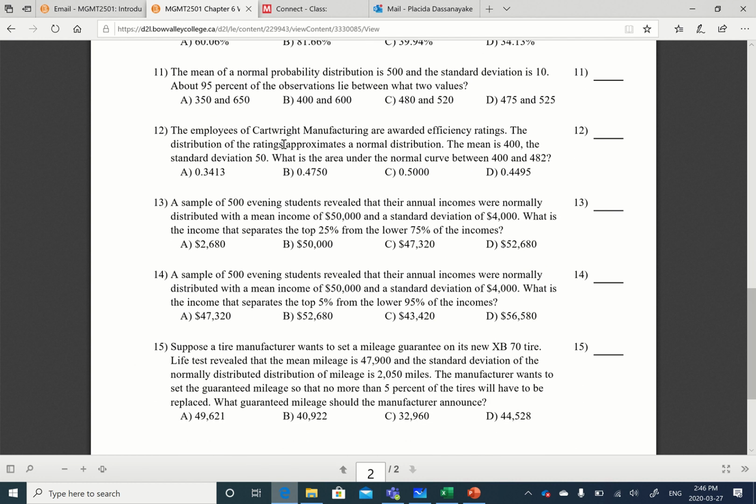Okay, number 12. The employees of Cartwright Manufacturing are awarded efficiency ratings. The distribution of the ratings approximates a normal distribution. The mean is 400. Standard deviation is 50. What is the area under the normal curve between 400 to 450? Okay, 400 to 482, sorry.